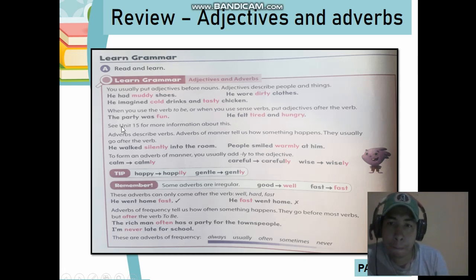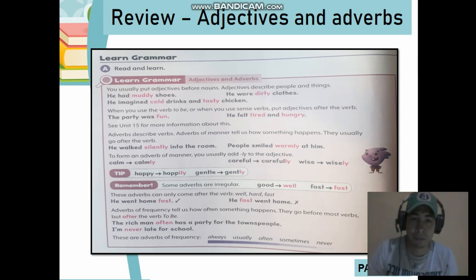Now, when you use the verb to be, the verb be is, am, or are, or when you use sense verbs, you put adjectives after the verb. This is a tip. So when you're using the verb be or sense verbs like smell, taste, hear, see, you need to put the adjectives after the verb.